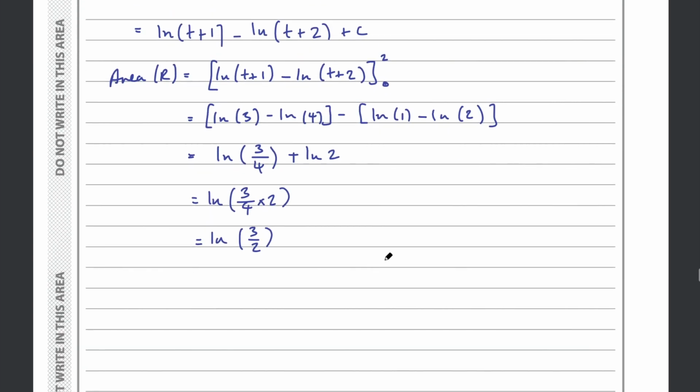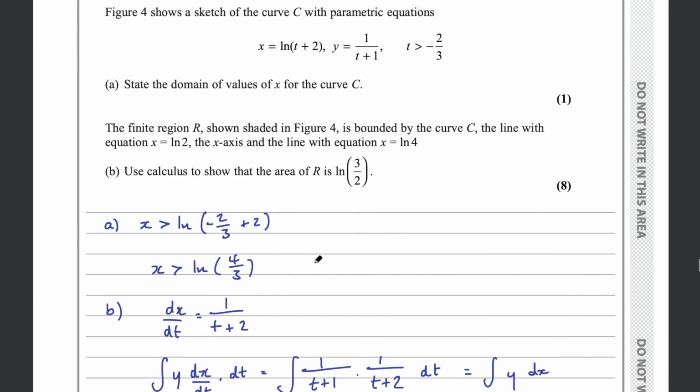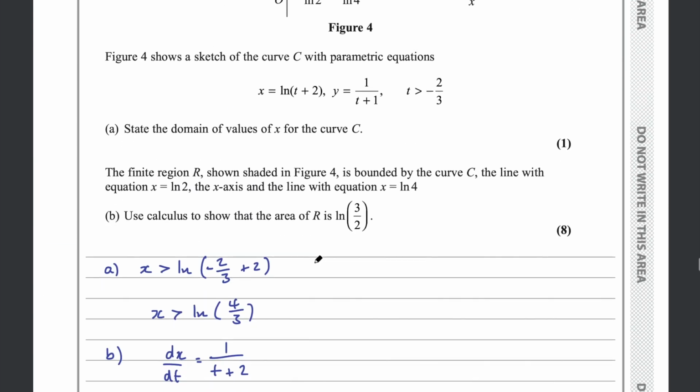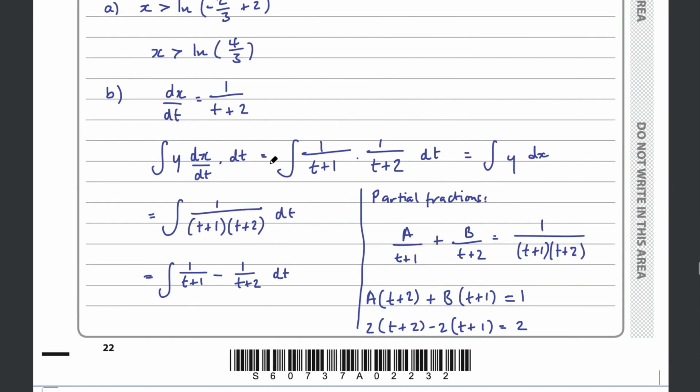Alright, so a difficult question, quite a lot of difficult steps, hard to see how to get through all of those steps, but hopefully that solution made sense. I will say that there are at least 6 different ways of finding this solution. There's different ways of finding this integral, y with respect to x.